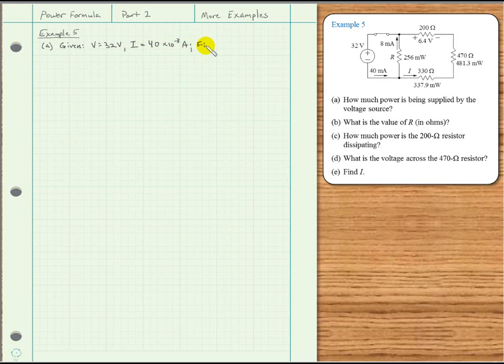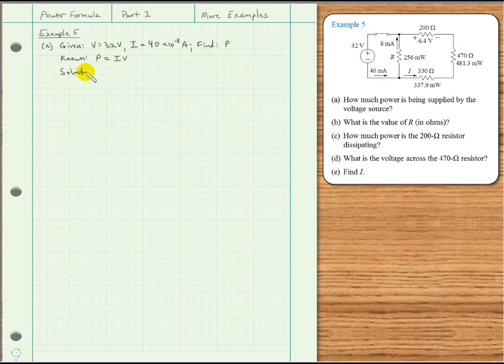Now, we're asked to find power, the power supplied by the source. Looking for a relationship between V, the voltage, I, the current, and P, the power, we can just use the power formula to find the power.